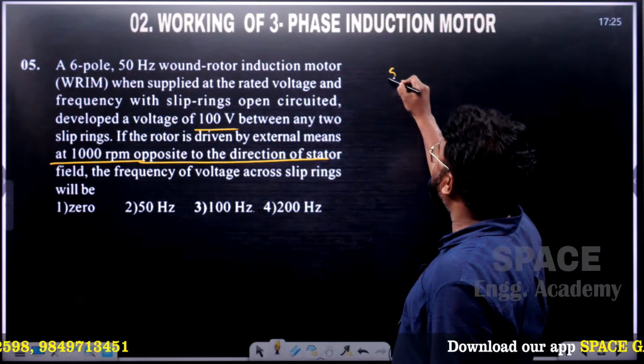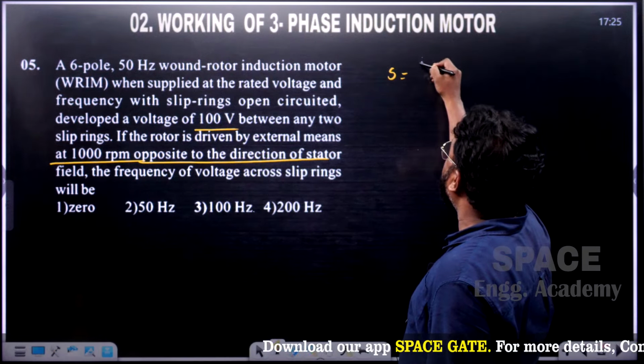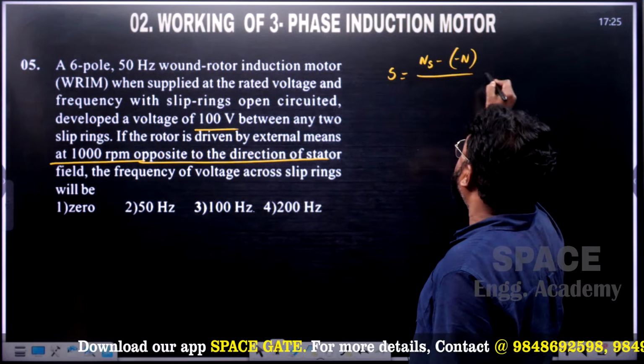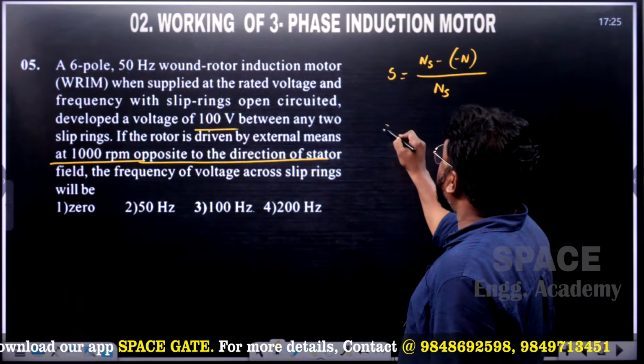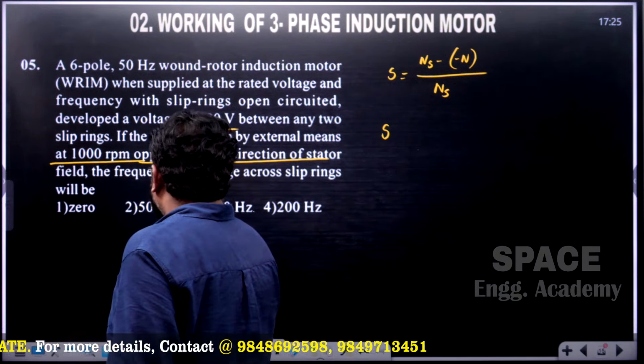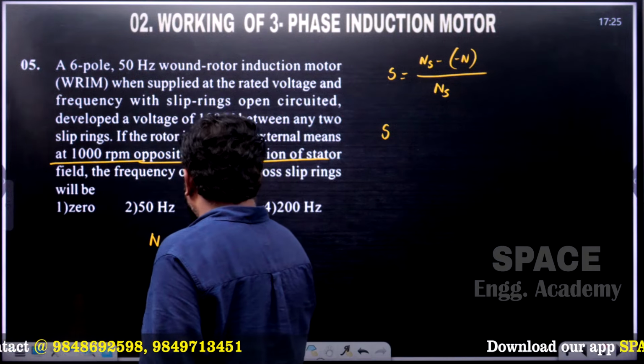Now let us calculate the slip for opposite rotation. Slip is equal to (Ns minus (minus N)) divided by Ns. What is the value of Ns here? Ns is equal to 120 f by p, the speed of the rotating magnetic field.